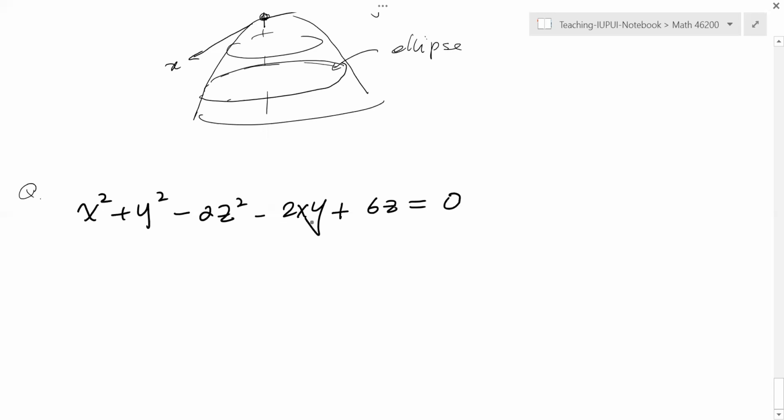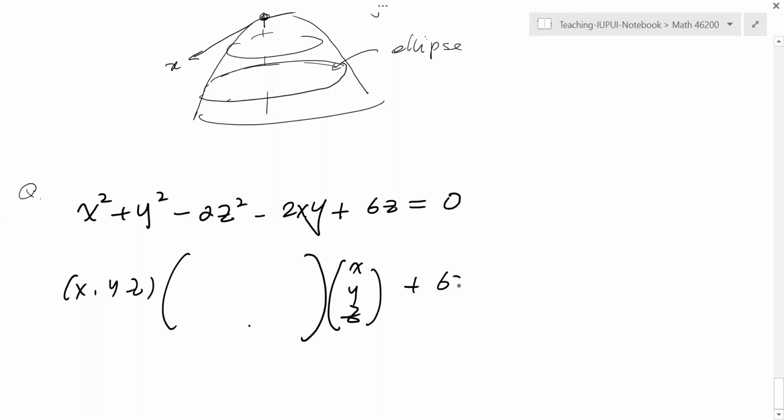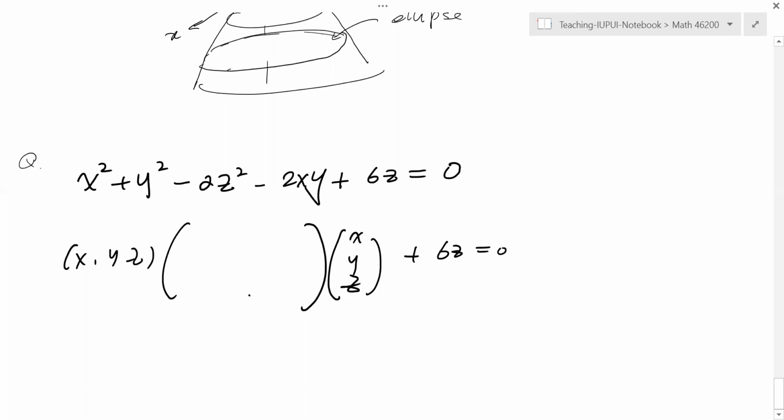It says there's x, y there, right? So if you want to write down the matrix, those three terms look like this, x, y, z, okay? And this is the x, y, z, and plus 6z equals 0, right? How can I get this?